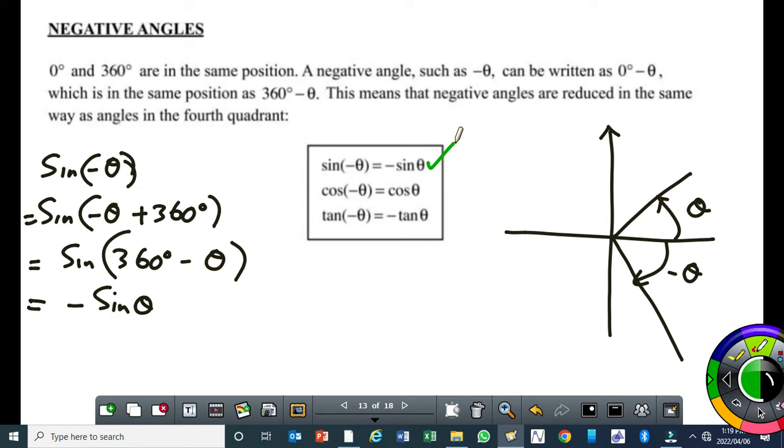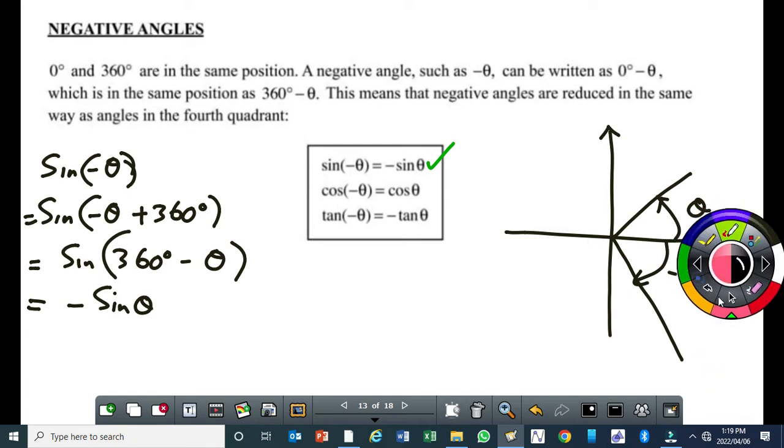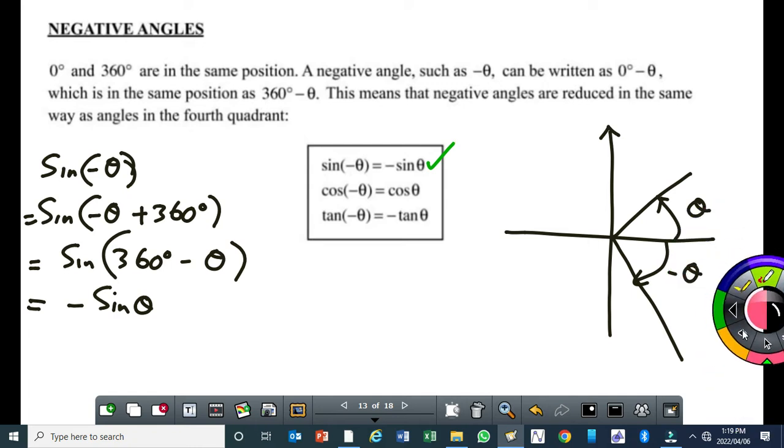Okay? Then for cos now, cos is quite unique. We already know that minus theta is in which quadrant? Fourth quadrant. In the fourth quadrant, is cosine positive or negative? Positive.